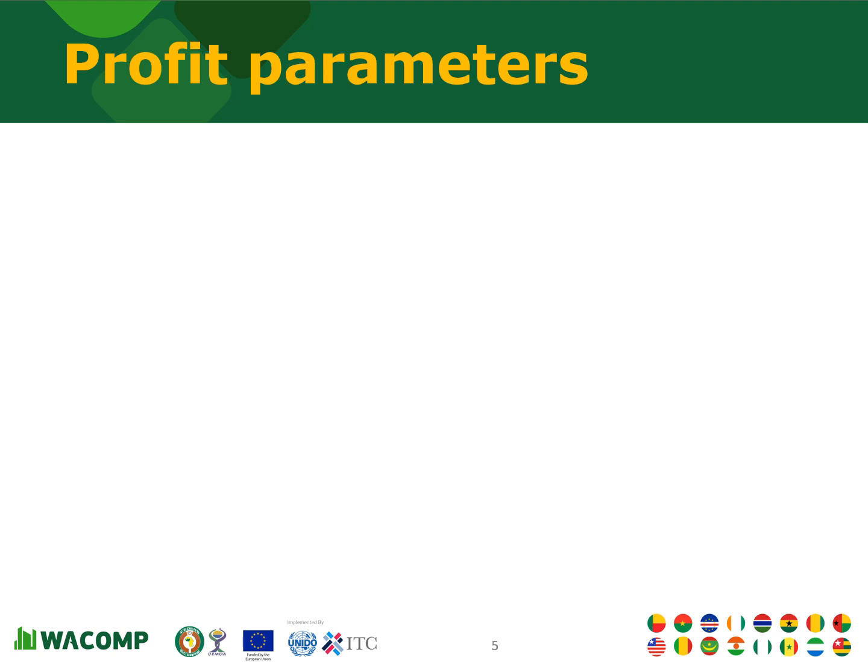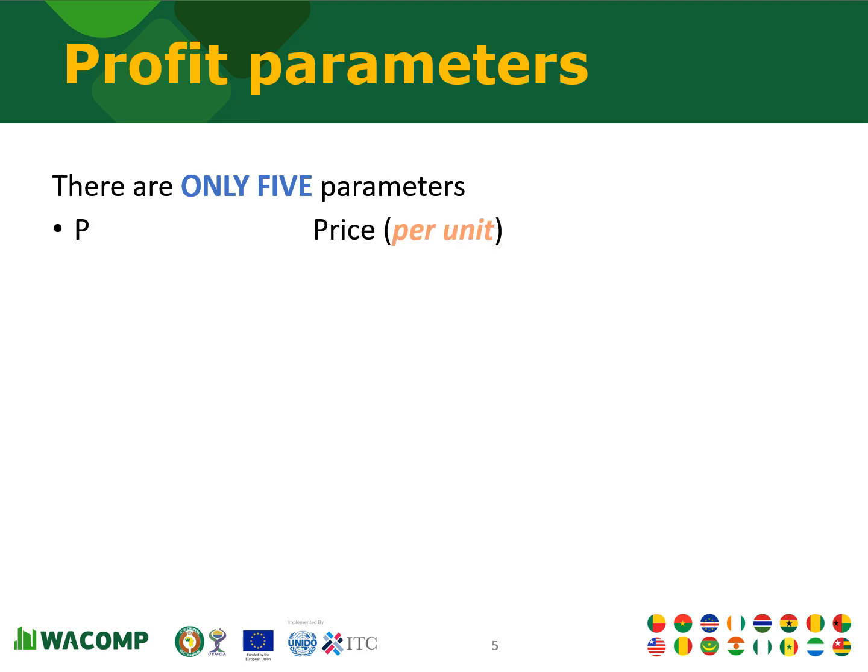Profit parameters. As I said, there are only 5 parameters that you need to calculate profit. Do you remember them? The first one is P, price, and it's always expressed per unit. So price per kilogram, per liter, per bag, per loaf of bread, and so on, per unit. The second parameter is VC, variable costs.